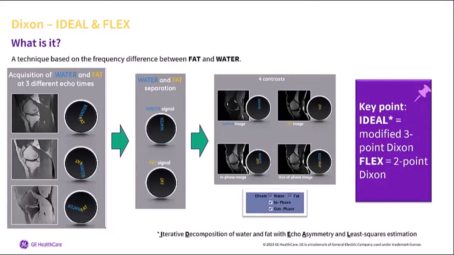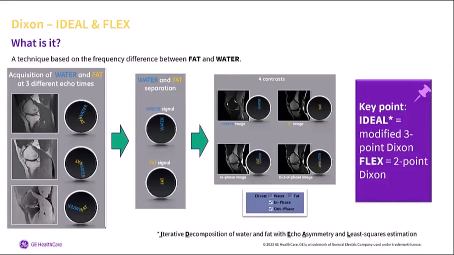Then, using an iterative decomposition of water and fat with echo asymmetry and least squares estimation, it is able to separate the water and fat signal and reconstruct up to 4 different image weightings: fat, water, in phase, and out of phase. Fat and water will always be reconstructed by default, and we can select whether we want in-phase and out-of-phase reconstructions as well.